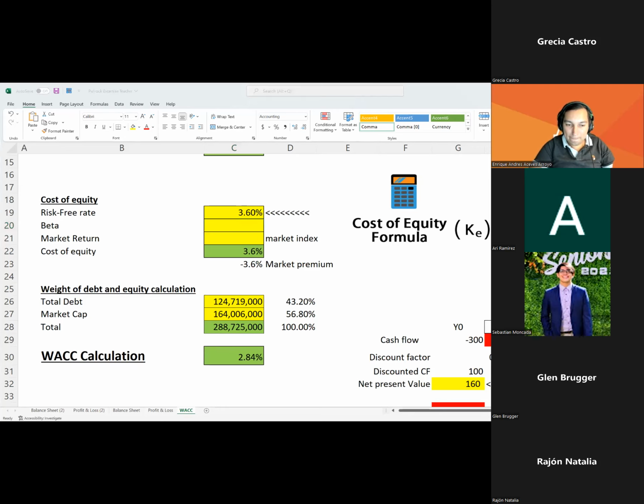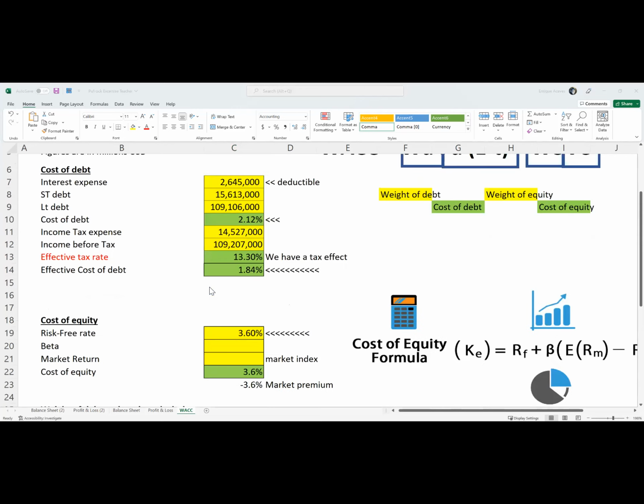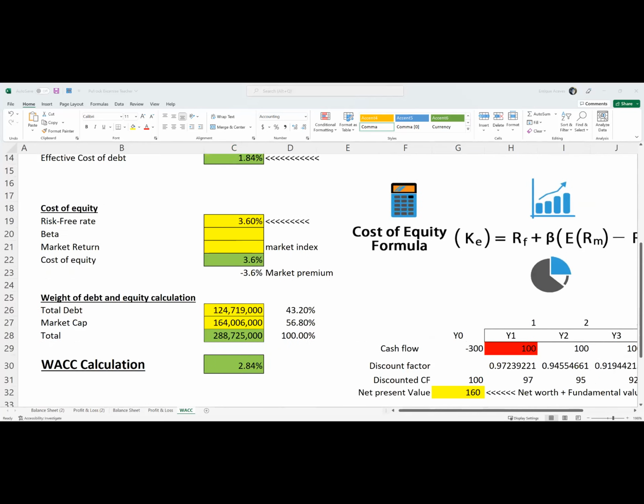It's 3.3, not stock. 3.6. Teacher, it's a stock. No. What is the beta, guys, for Apple?